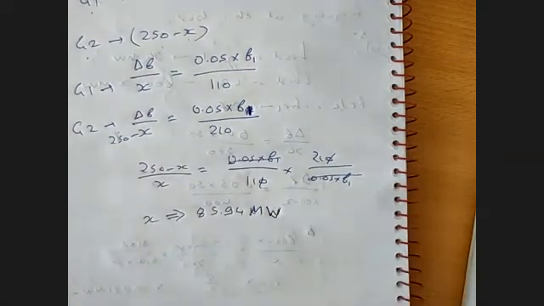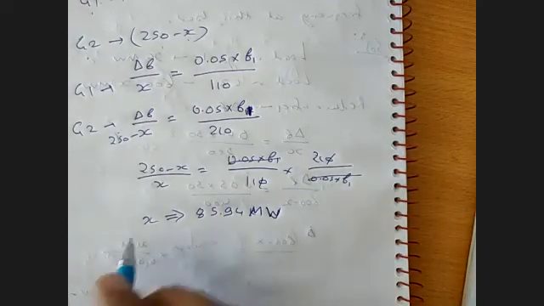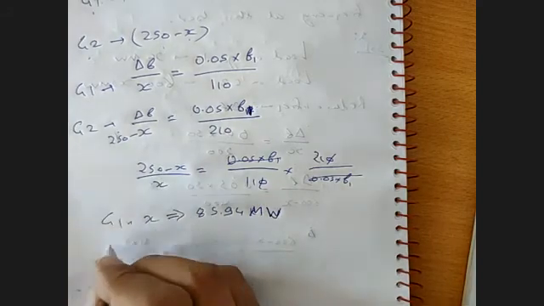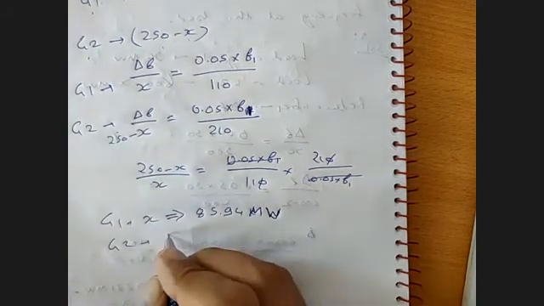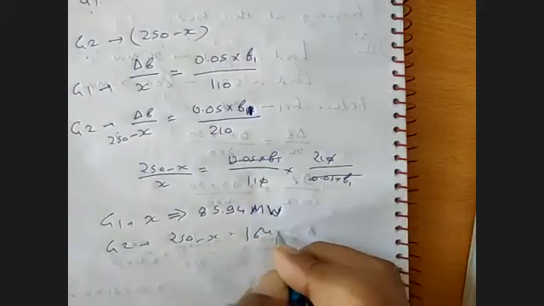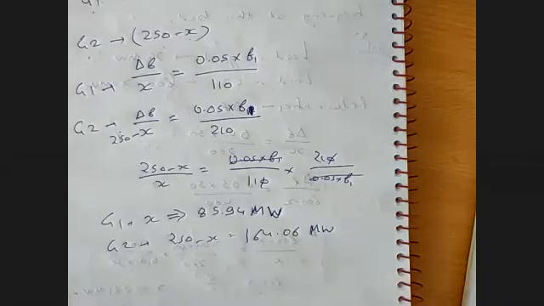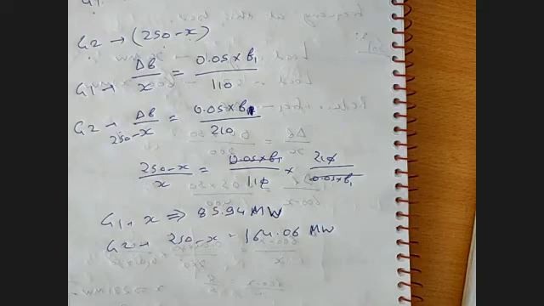So X will be 85.94, and this is for generator 1, and for generator 2 it will be 250 minus X, that means 164.06 megawatt. इसके आसपास है, जिसने 85.9 लिखा है या 86 लिखा है, वो भी लगभग सही है, क्योंकि अप्रोक्सीमेशन इतना अलाउड हो सकता है.